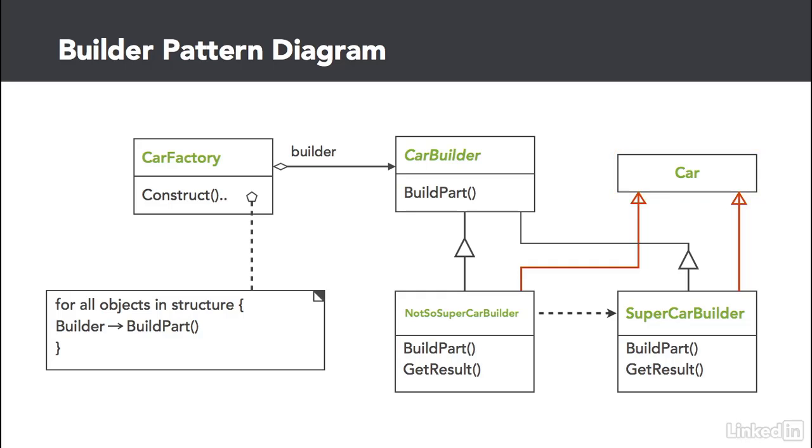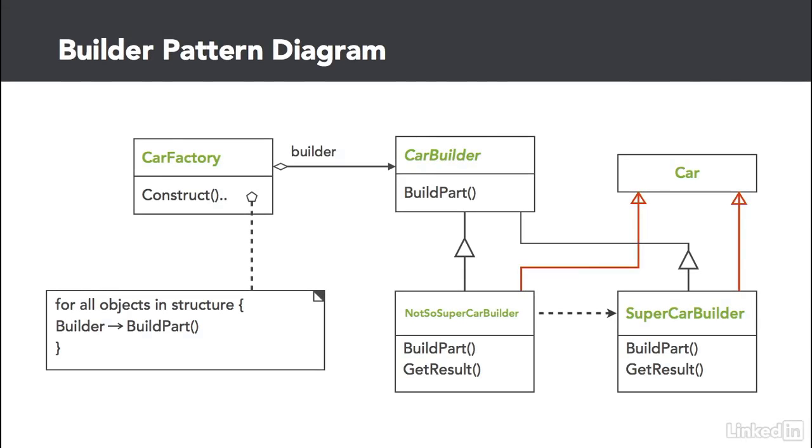Let's check out the code. That's up next. All right, so we're about to walk through the code to demonstrate this builder pattern. So a few things to keep in mind. The players involved are the car factory, which is going to be the director. There's the car builder, which is the actual builder.